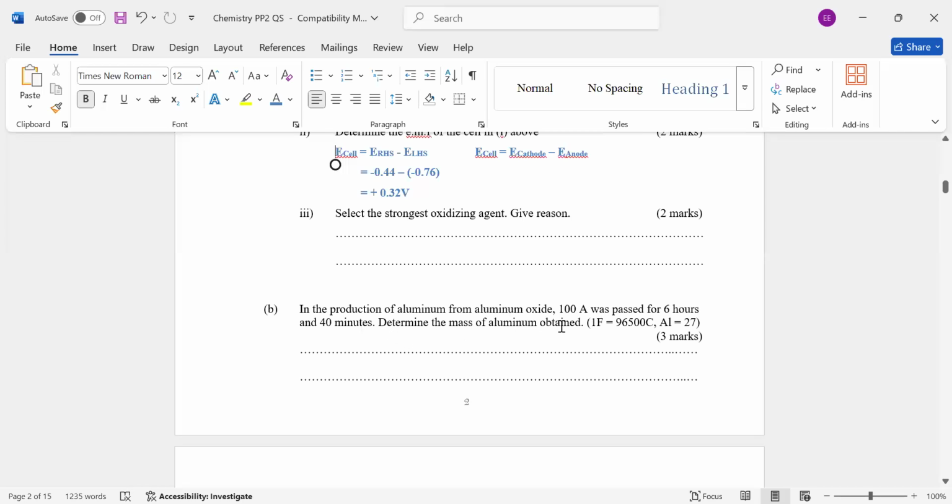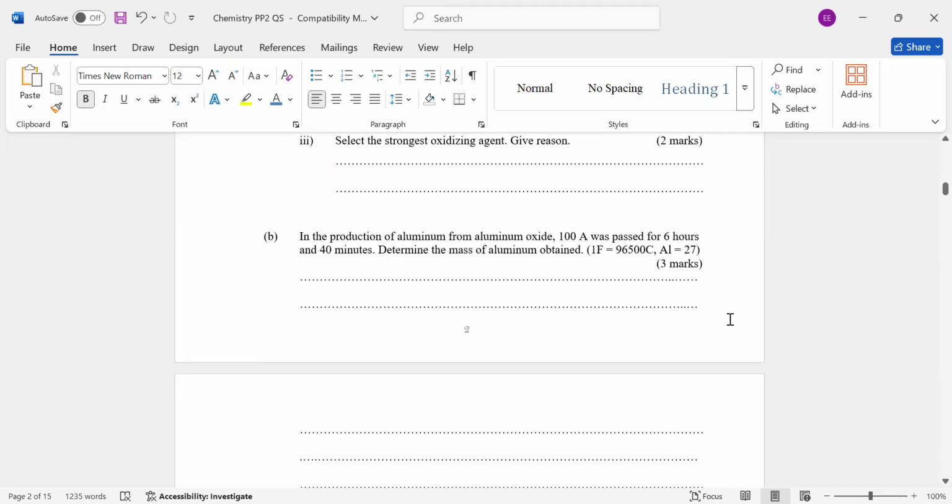Determine the mass of aluminium obtained if 1 Faraday is 96,500 coulombs, aluminium is 27. Now, there's a calculation which I want us to do together so that we don't waste time. So let us do this one together.